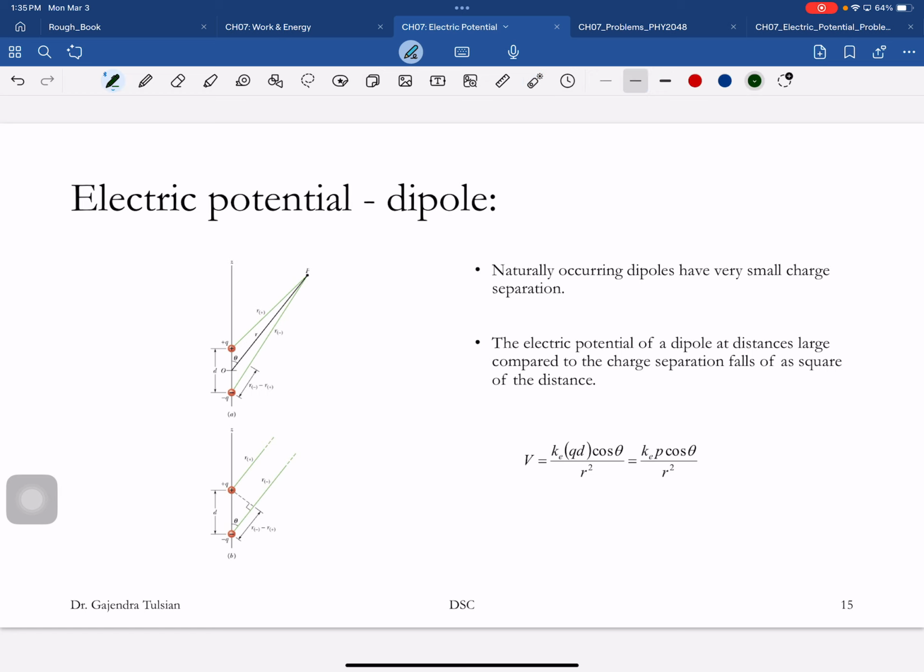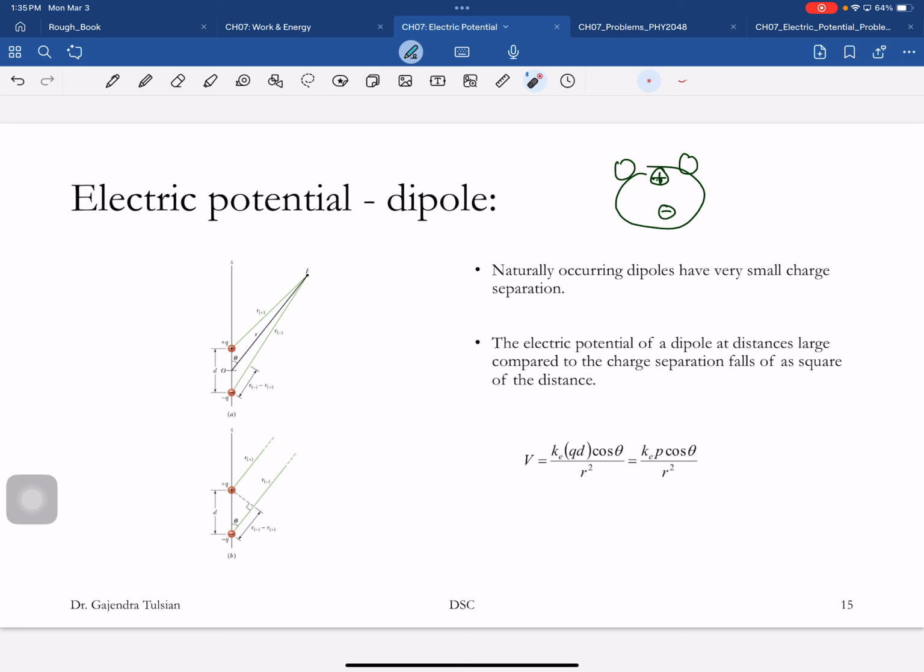Okay. So here is a water molecule. The oxygen guy is greedy for electrons, and this is the center of positive charge. It's very hard to separate charges, so this distance is not that great.